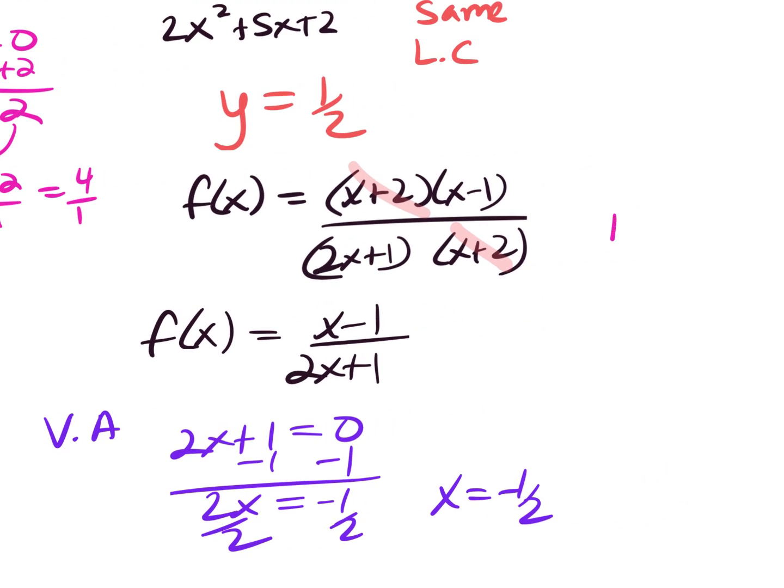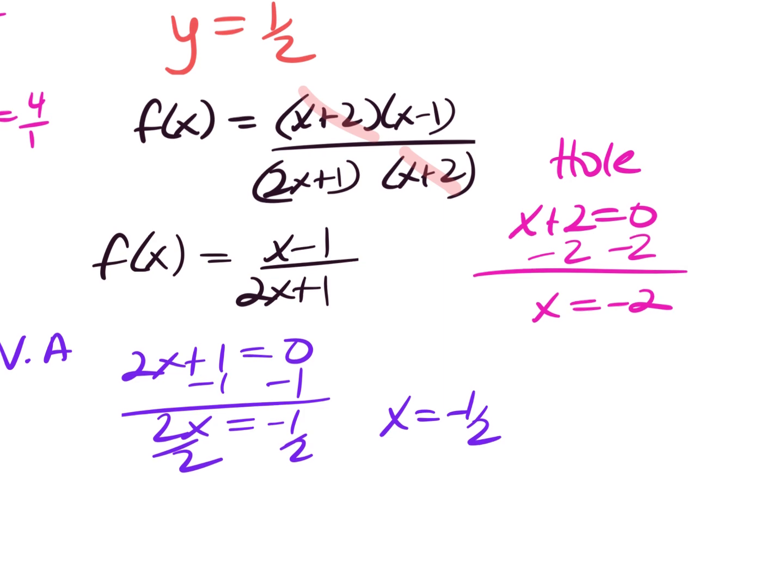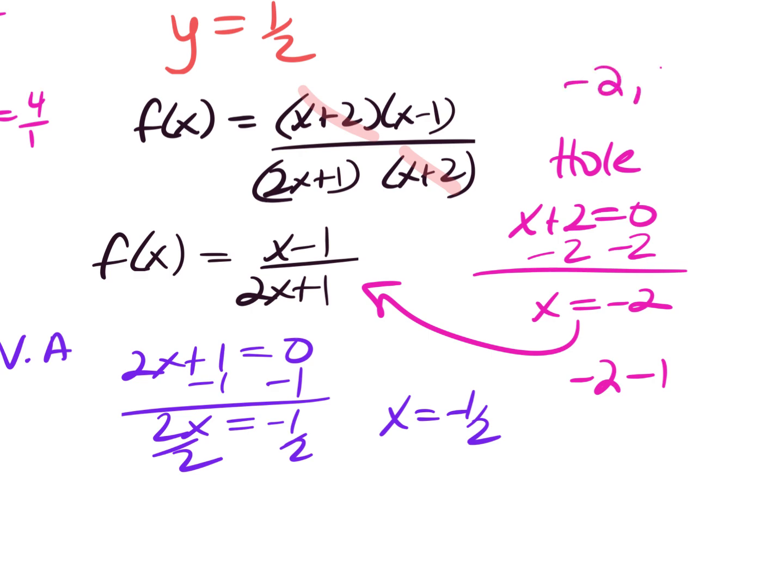And then we also have a hole using the factor that was canceled. So subtract the 2. Take this negative 2, plug it in. The hole will be located at x equals negative 2. And then plug in negative 2 times 2 plus 1.